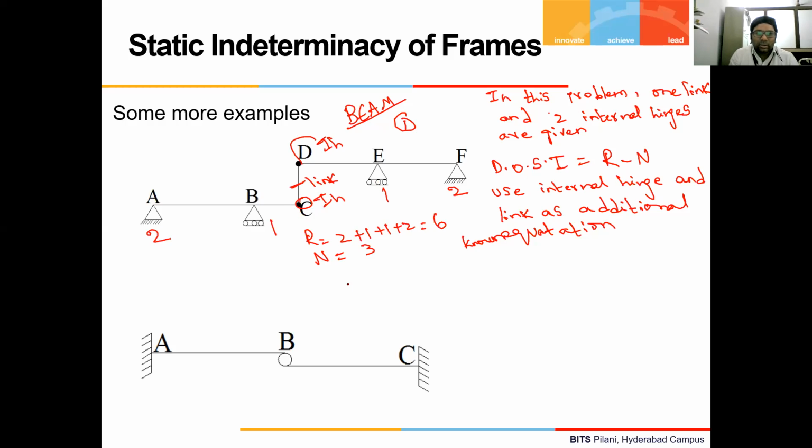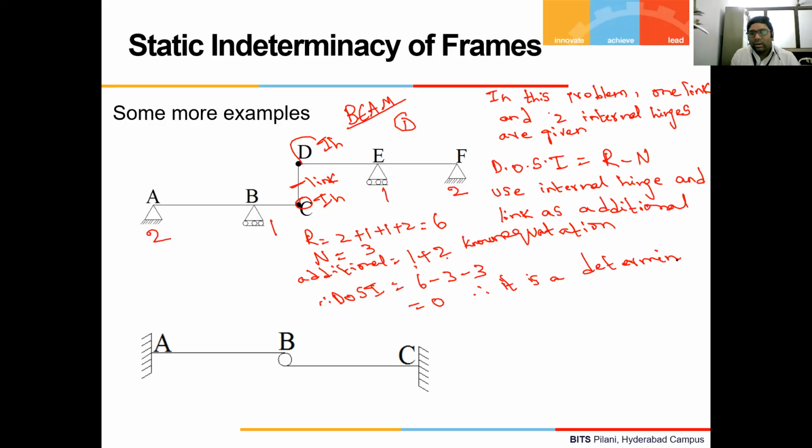This is also an internal hinge. So additional is equal to 1 plus 2. What is 1? Link. 2 is internal hinge. Therefore, degree of static indeterminacy is equal to 6 minus 3 minus 3, that is equal to 0. Therefore, it is a determinate beam.